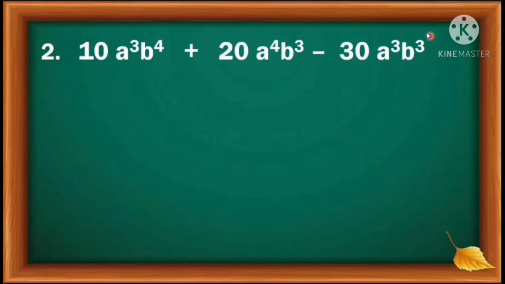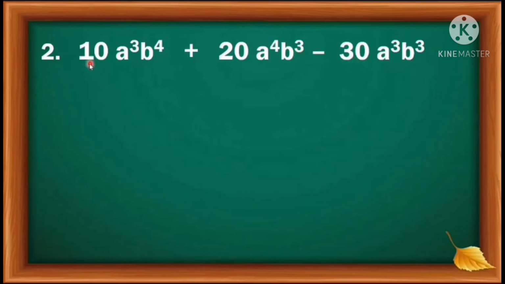In the third term, it is 30. So we have 10, 20, and 30. Now the question is, what is the greatest common factor between 10, 20, and 30? Ibig sabihin, ano ba yung pinakamataas na number na pwedeng mag-divide kay 10, 20, and 30 na ang magiging sagot ay whole number pa din, hindi decimal.